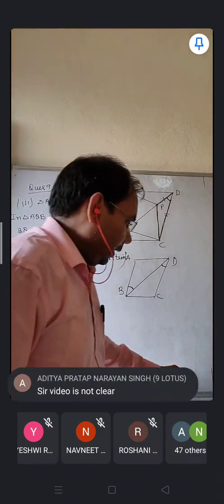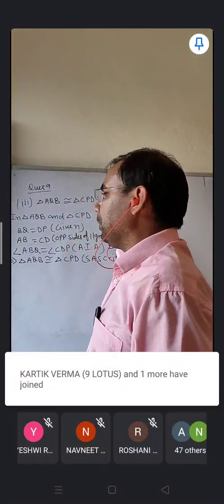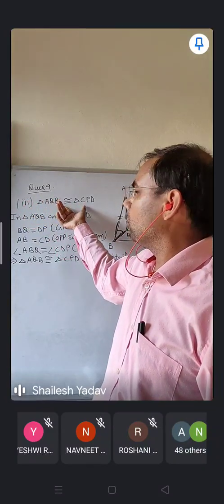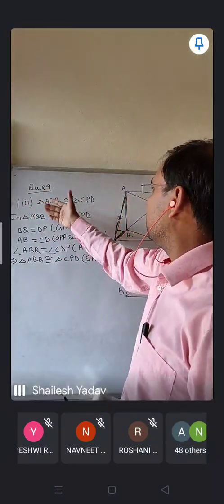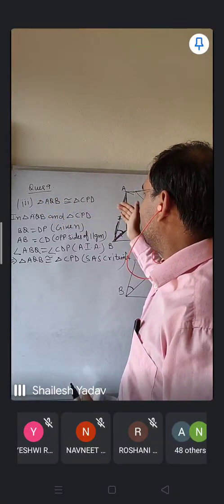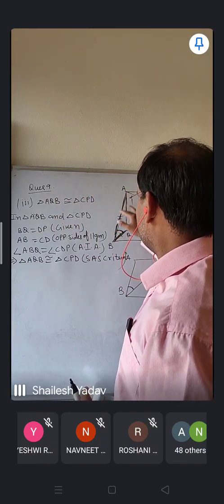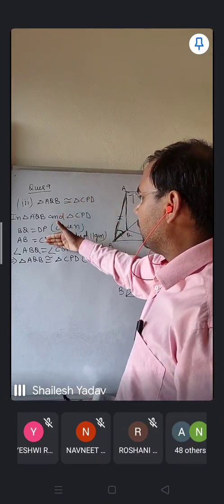So students, again, if you are going to solve any question where a diagram is given, whatever you are going to prove, like here you need to prove that these two triangles are congruent, your first aim is to find both the triangles in the given diagram. If it is a complicated diagram, first try to darken them so you can recognize both the triangles, and after that find whatever values are required.